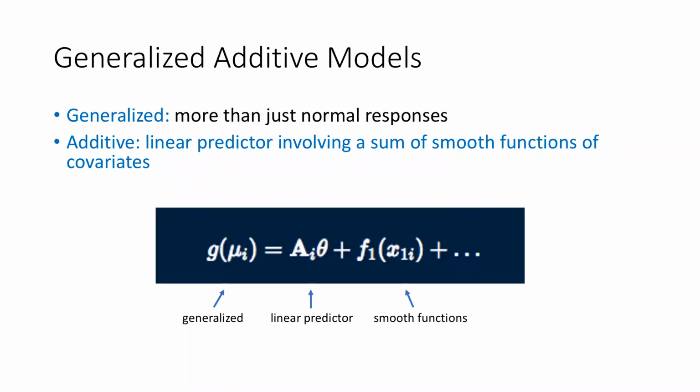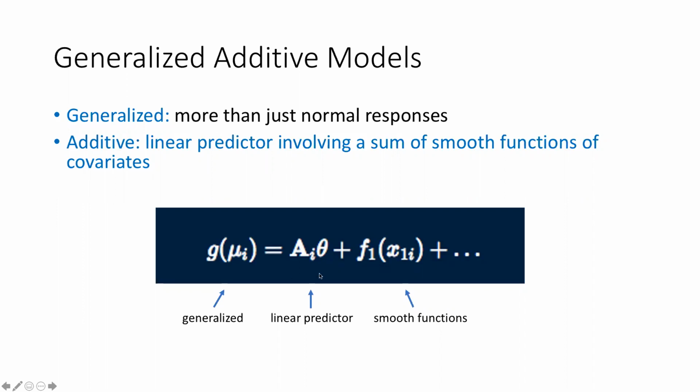So generalized additive models. Generalized means that we can fit more than just normal responses, and I'm not going to go into that today. That's a topic for a different session. But the additive part means that we have a linear predictor involving a sum of smooth functions of covariates.